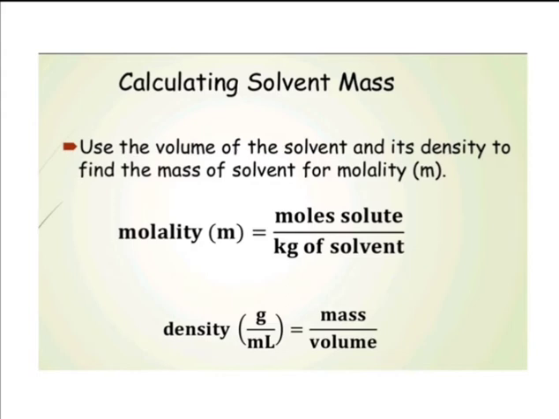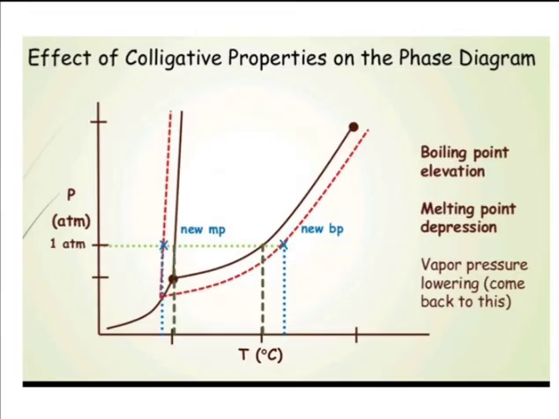By this equation, you can find out the weight of the solvent. Obviously, the number of moles will be known, so you can easily find out the molality of the solution.